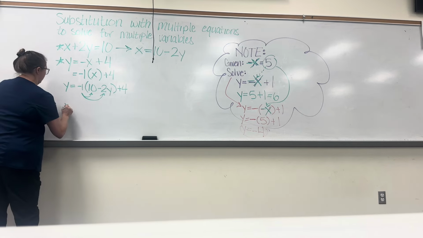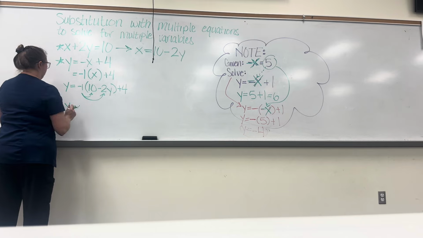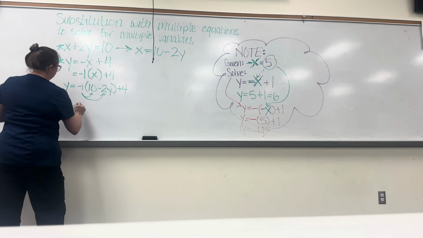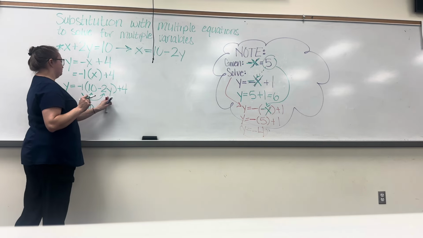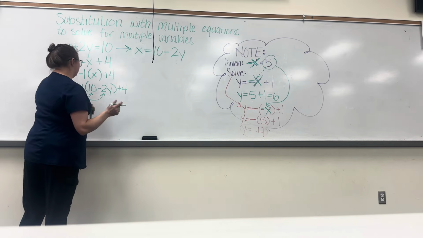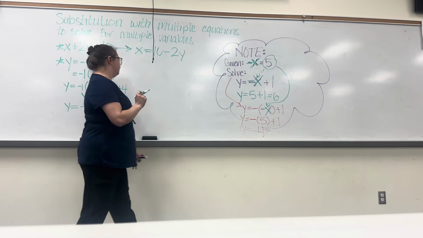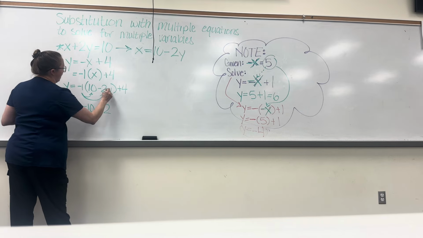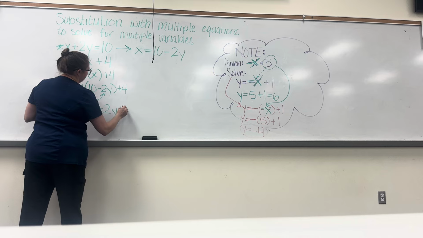So y equals negative 1 times positive 10. Negative times a positive is a negative. So we have negative 10. Negative 1 times negative 2 is a positive. Negative times a negative is a positive. So plus 2y, okay, plus 4.